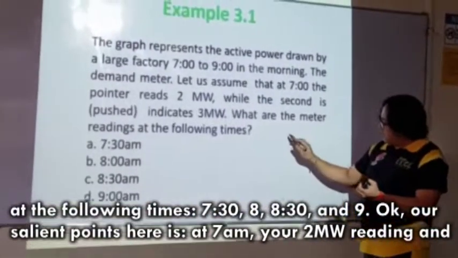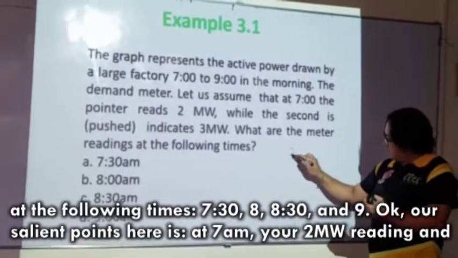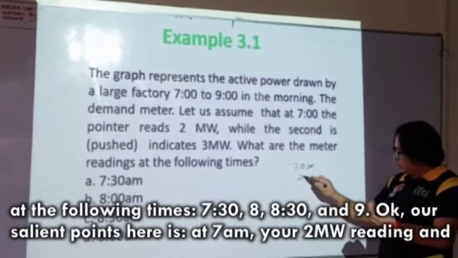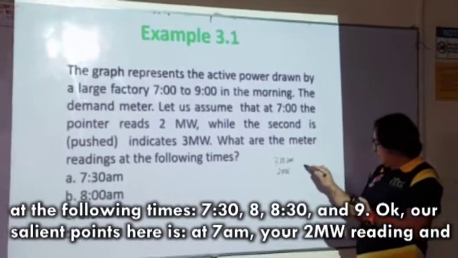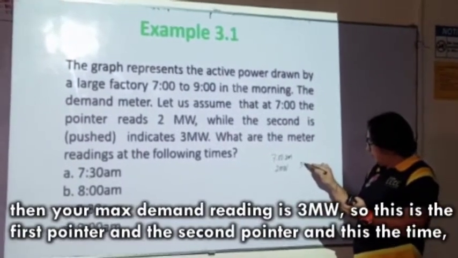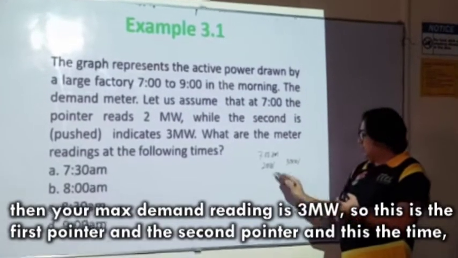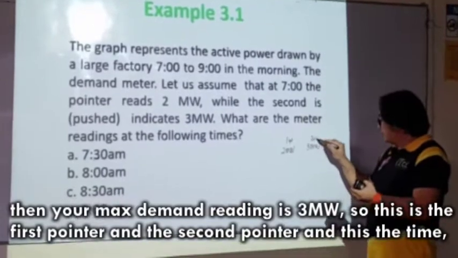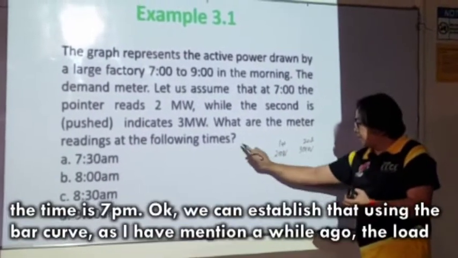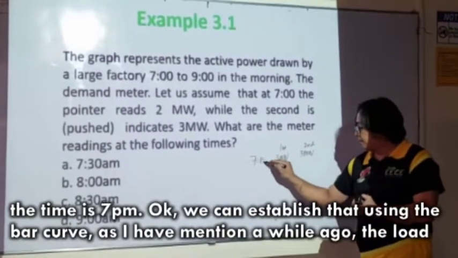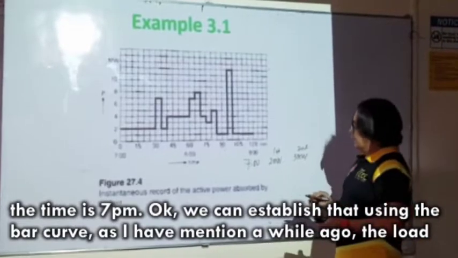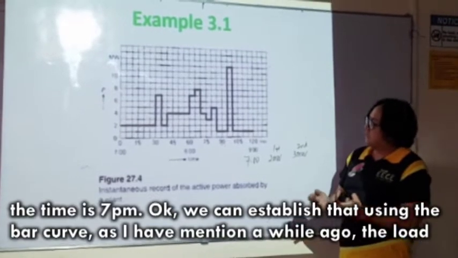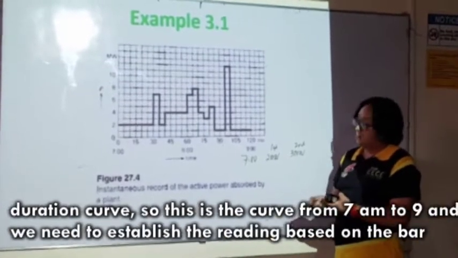Our salient points here: at 7 a.m., you have a 2 megawatt reading, and then your maximum demand reading is 3 megawatts. This is the first pointer and the second pointer, and this is the time, 7 a.m. We can establish that using the bar curve, as I mentioned a while ago, the load duration curve.